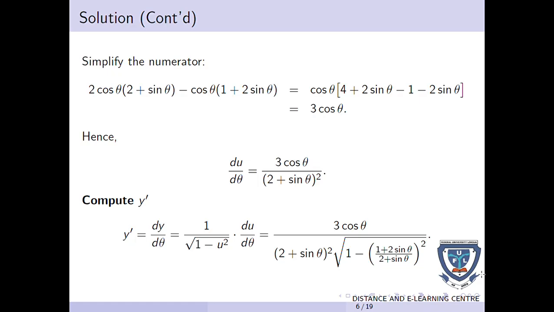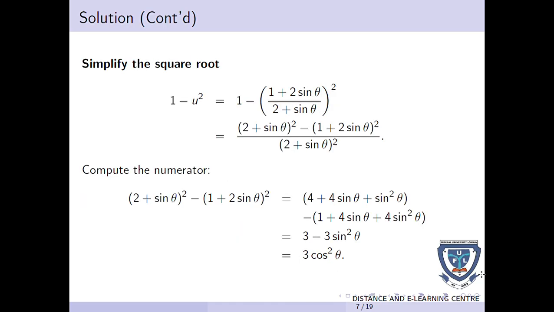Now, compute the derivative of y. You are going to have that y prime will be 1 over square root of 1 minus u squared times du d theta. Now, simplifying the square root will actually give you (2 plus sine theta) squared minus (1 plus 2 sine theta) squared all over (2 plus sine theta) all squared.